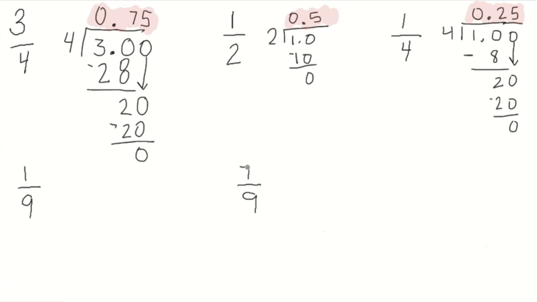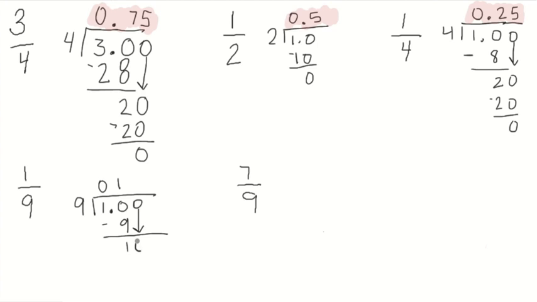These 2 problems here are not quite as easy to convert, but if you understand the process, then you should be good. 9 into 1.0. 9 into 1 cannot happen. 9 into 10, 1 time. 9 times 1 is 9. Subtract, 1 left over.